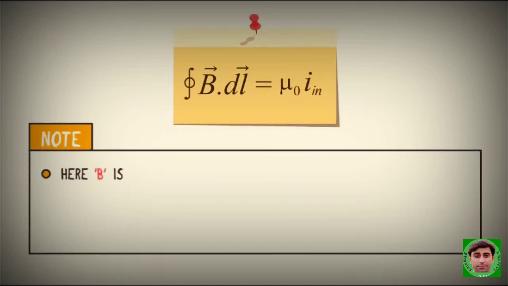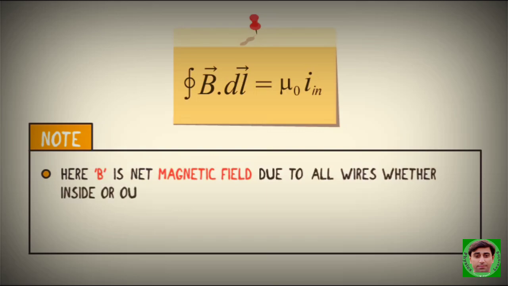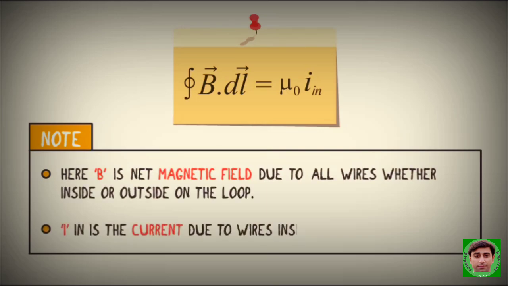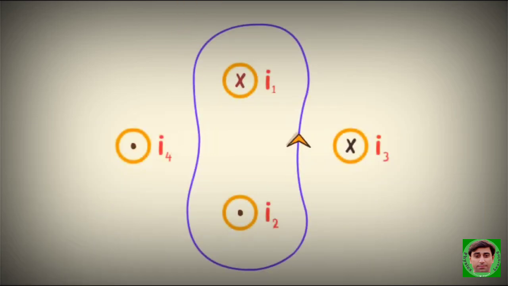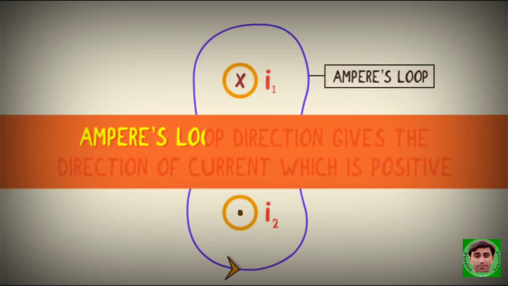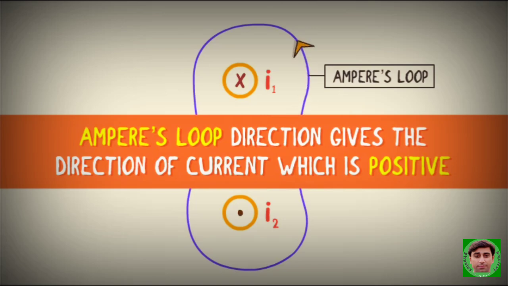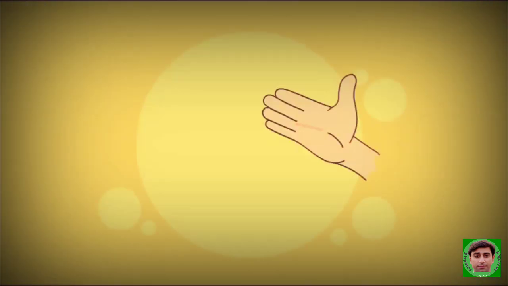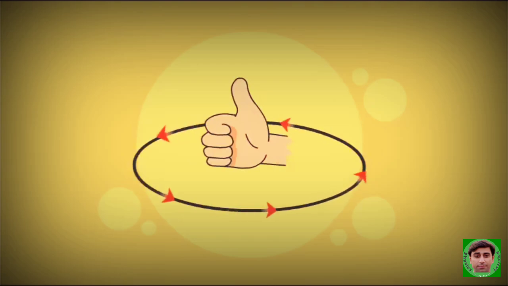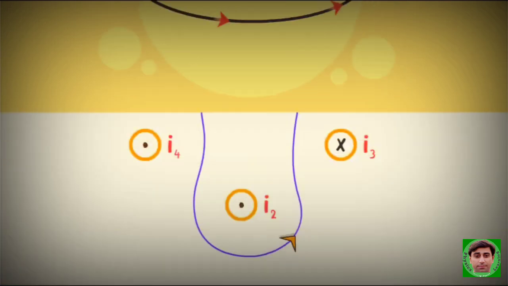Note, here B is the net magnetic field due to all wires, whether inside or outside the loop, and I in is the current due to wires inside the loop. Ampere's loop direction gives the direction of current which is positive. Curl the fingers of the right hand in the direction of Ampere's loop, then the direction of the thumb will give the direction of positive current.